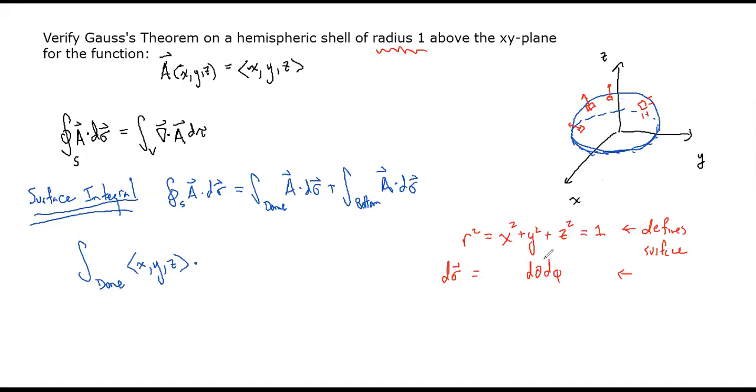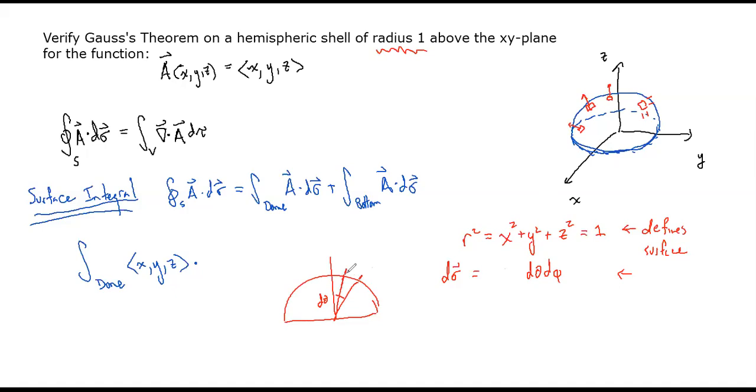What do I need as far as the scale factor goes? You guys remember what the scale factor for d theta is? It's r sine phi, right? Because it depends on how far up the sphere you are. If we take a little bit of d theta, you can spin all the way around the North Pole.